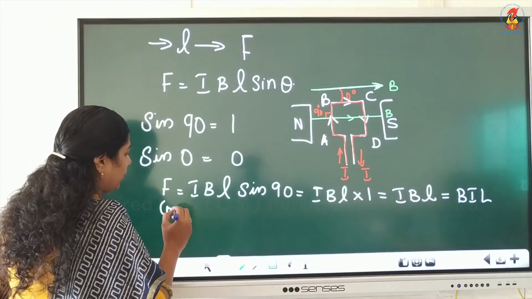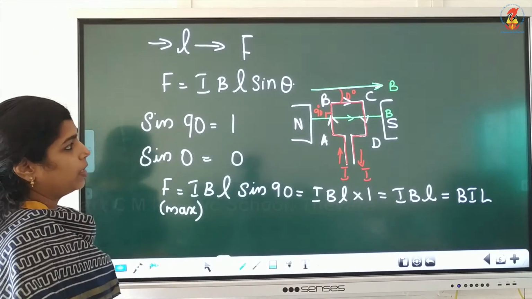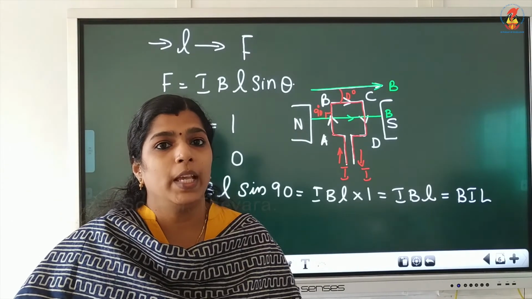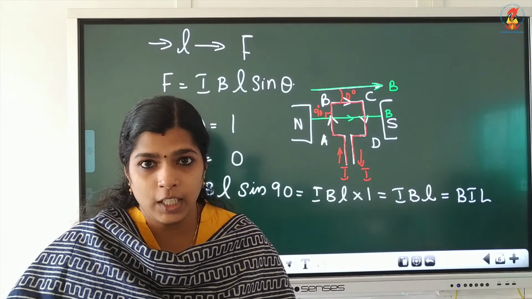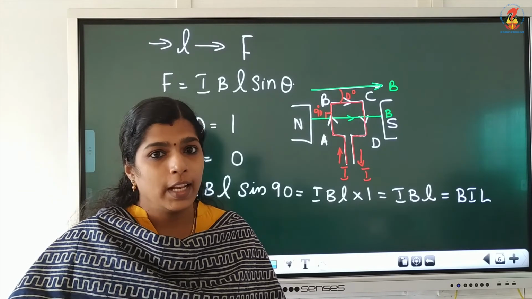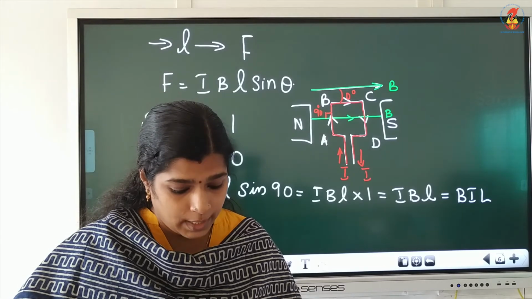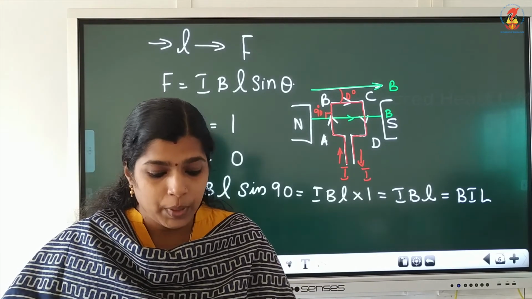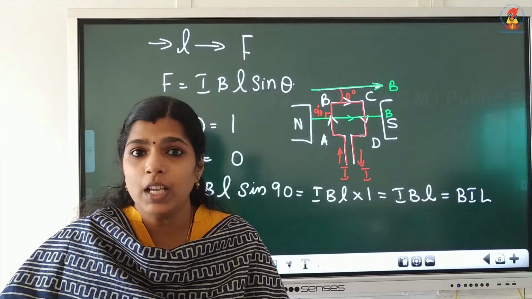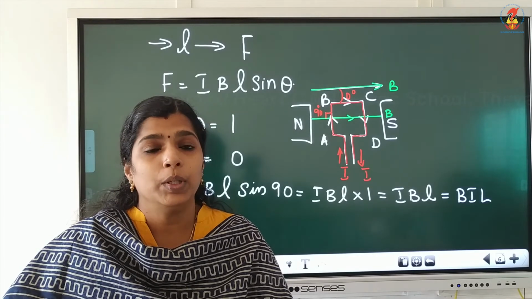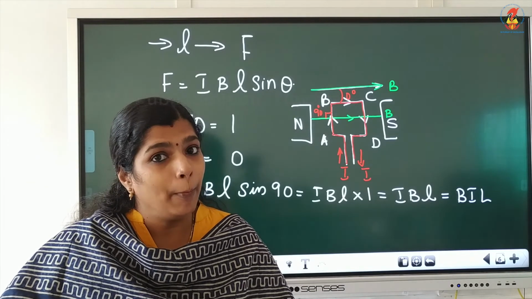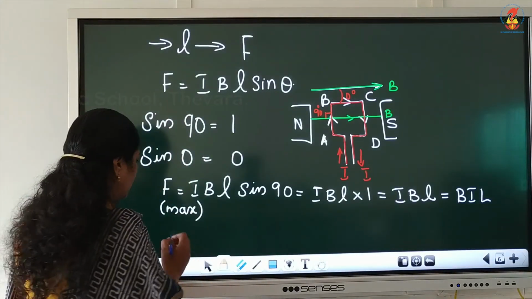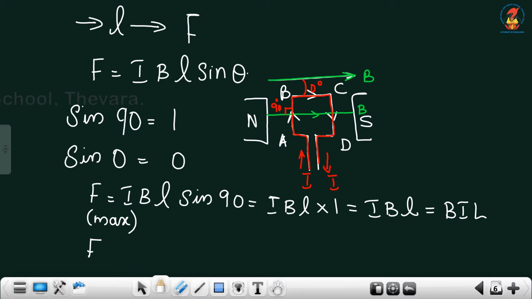Maximum force will be experienced by the current carrying conductor when it is placed perpendicular to the direction of the magnetic field, and 0 when it is placed parallel to the magnetic field.